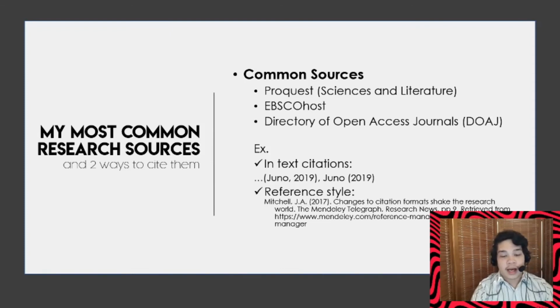For the reference style, this is for the reference part of your paper, which is at the end of the paper. And this is an example of that kind of reference style.